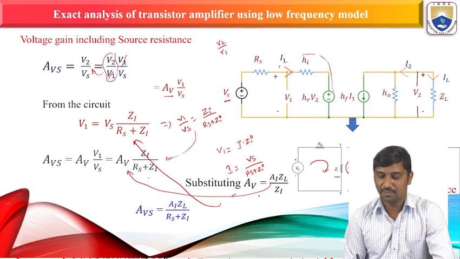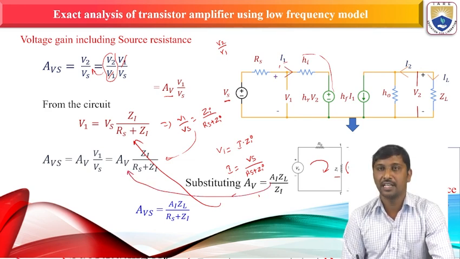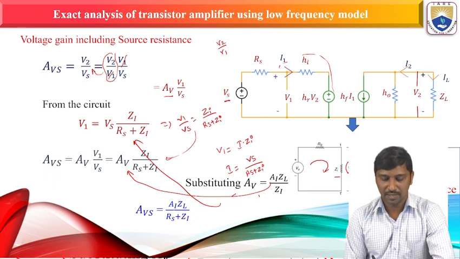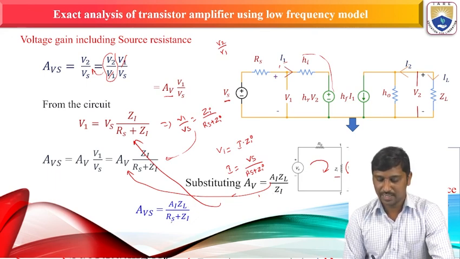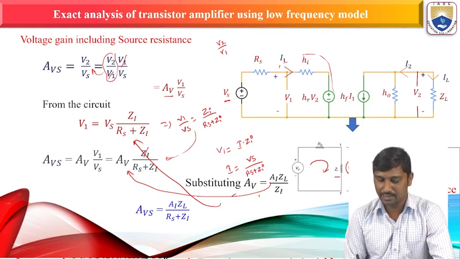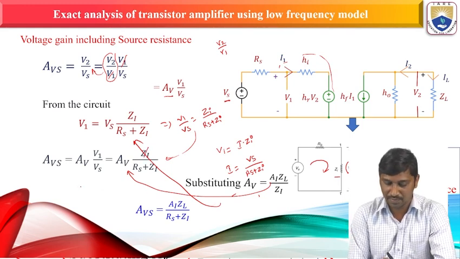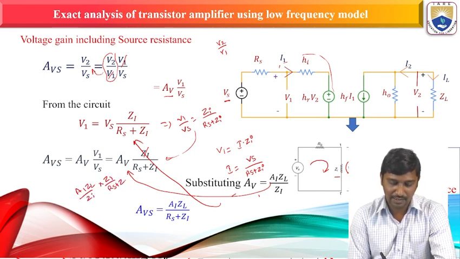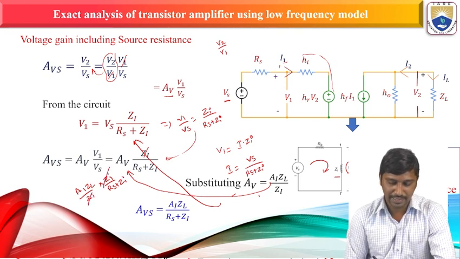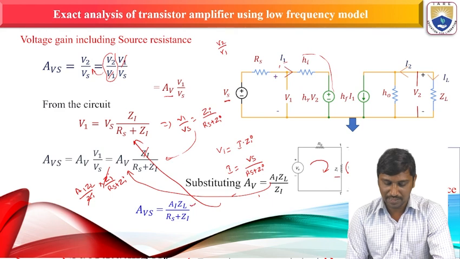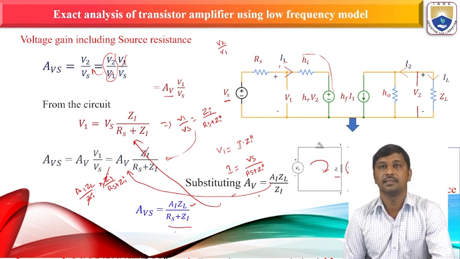Now AV is replaced with AI times ZL by Zi, so it becomes AI times ZL by Zi into Zi by Rs plus Zi. This Zi gets cancelled when substituting. Hence, the AVS is represented as AI times ZL by Rs plus Zi.